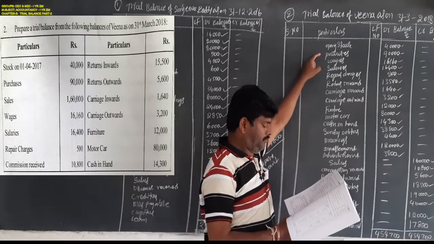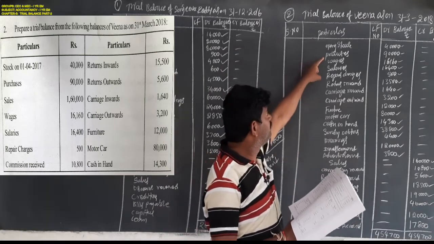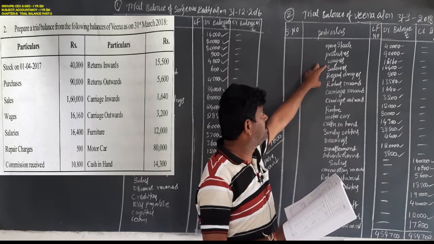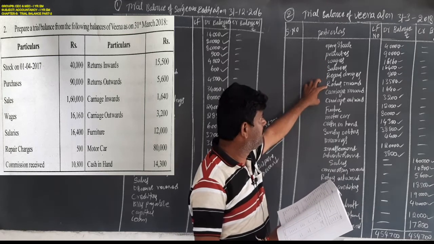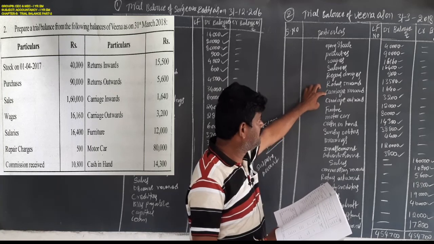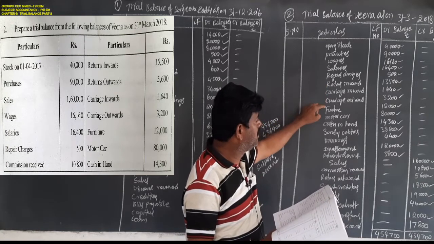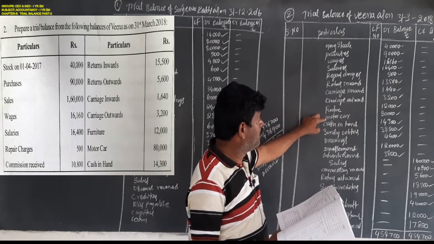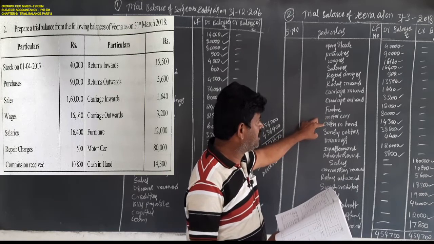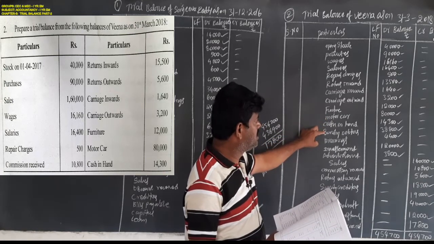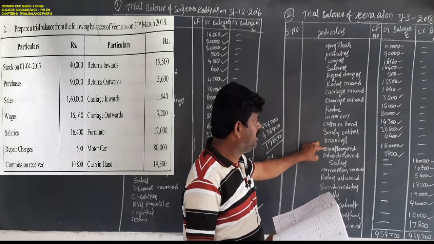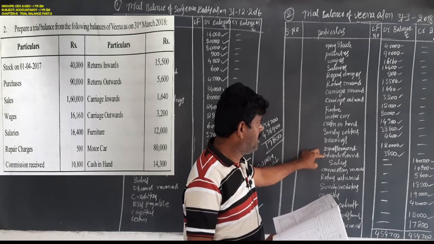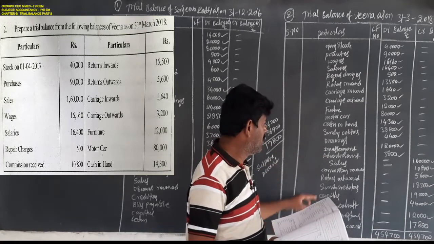Opening stock debit side, purchases debit side, wages debit side, salaries debit side, repair charges debit side, return inwards debit side, carriage inward debit side, carriage outward debit side, furniture asset debit side, motor car asset debit side, cash in hand debit side, sundry debtors debit side, drawings debit side, investment asset debit side, advertisement expenses debit side.